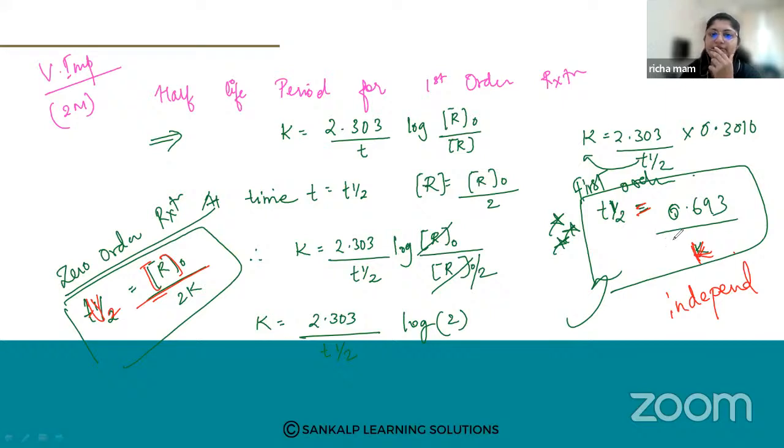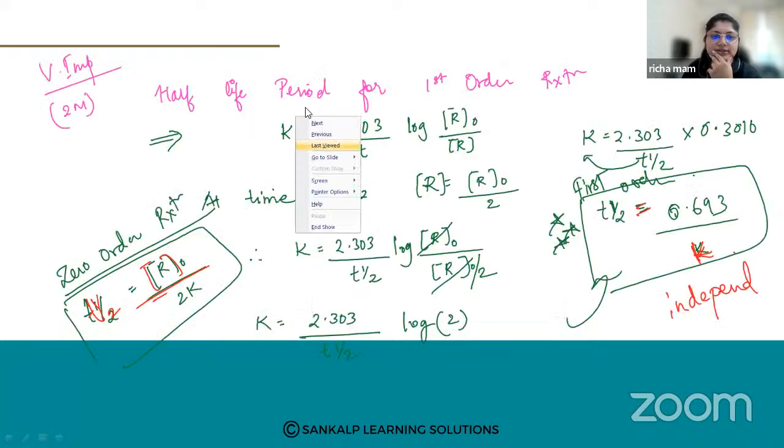So here also the half-life period is inversely proportional to the rate constant. Okay, is it clear? I hope you have noted it down.